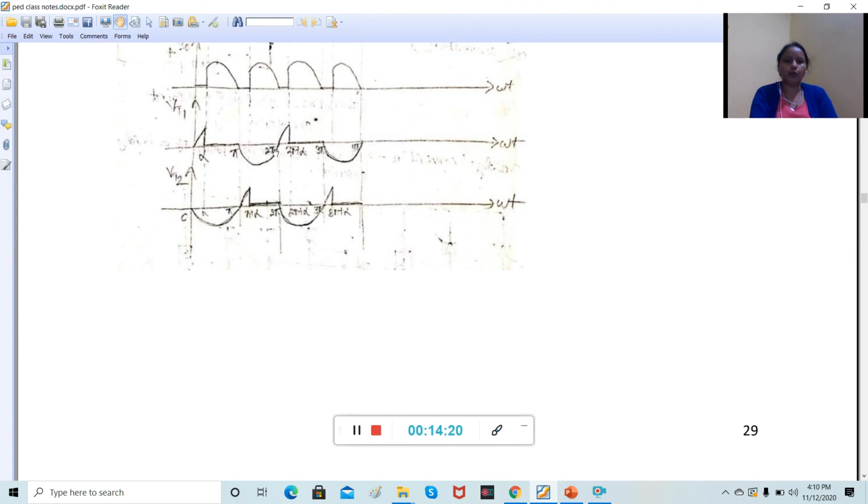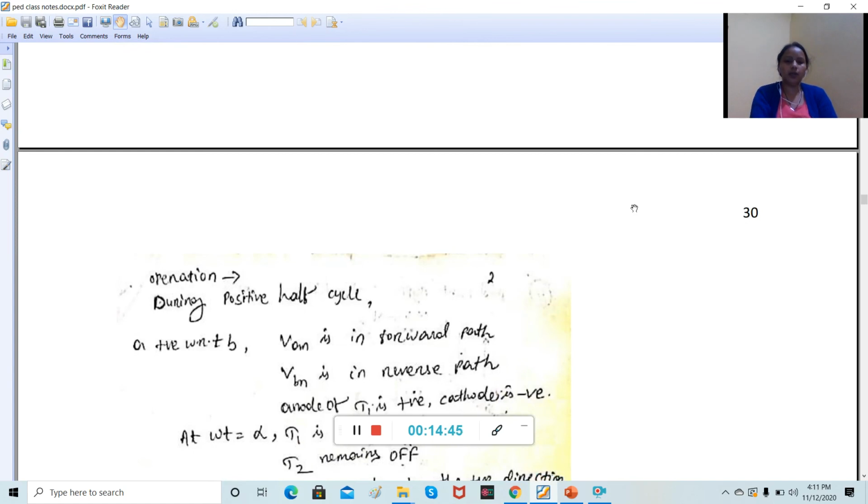So if I take 2 pi minus pi, the difference is pi. Here also pi minus 0, the difference is pi. So omega t is equal to pi, then t is equal to pi by omega. And if I note t as TC, circuit turn off time, then TC is equal to pi by omega second. Clear?